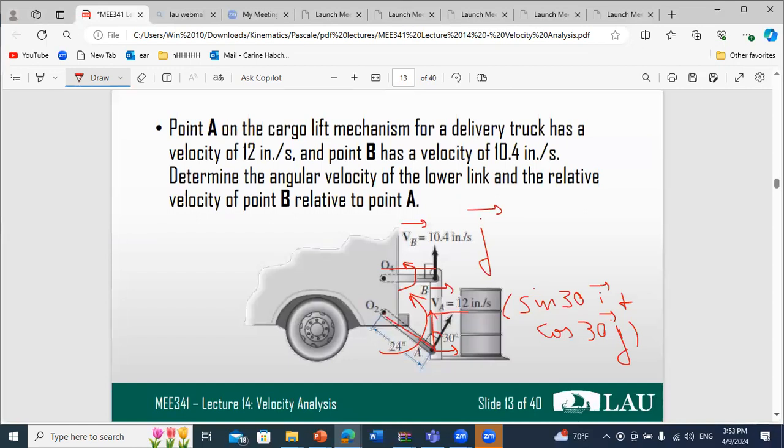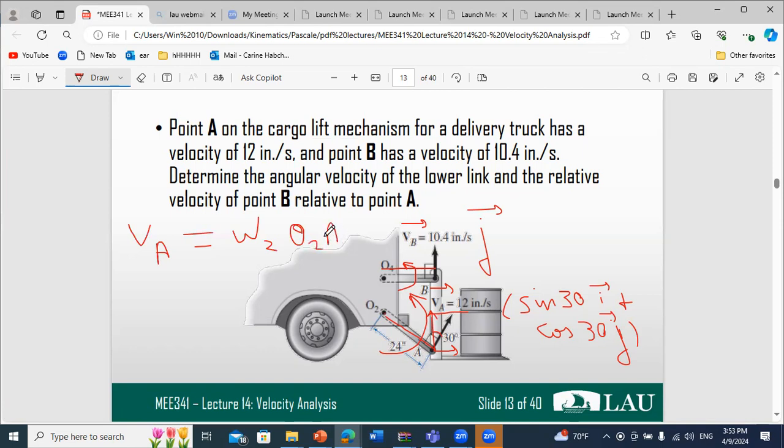We want to determine the angular velocity of the lower link and the relative velocity of point B relative to A. So first, since we have the velocity of A, and we know the distance between O and A, we can easily determine the angular velocity of the link because VA is equal to omega 2 times O2A as a distance.